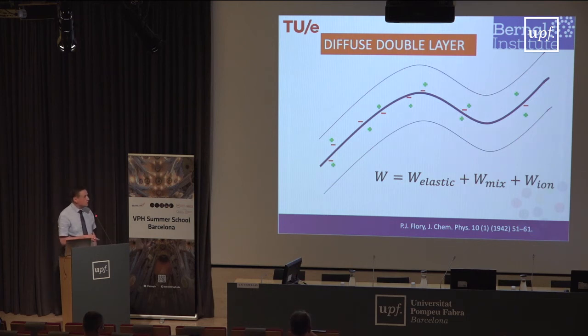Ionic free energy is responsible for Donnan osmosis. Many people working in cartilage and disc know they work with Donnan osmosis, so this free energy of ions is very important. Mixing energy in disc and cartilage is known under the name of the exclusion phenomenon, and is responsible for about 10% of the swelling in cartilage and disc. Elastic free energy is just the elasticity, so that's quite obvious.